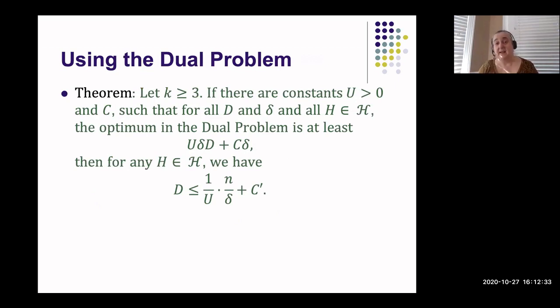So the theorem is: if there are constants u and c such that for all D and delta and all H in the canonical graphs, the optimum of the dual program is at least u times D delta plus c times delta, then for any graph, we have that the diameter is at most 1 over u times n over delta plus c prime for some other constant c prime.